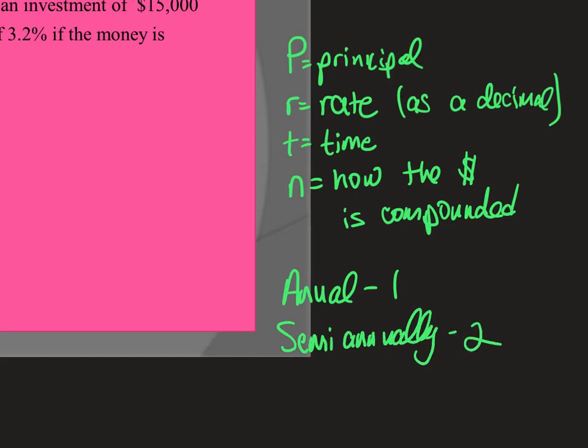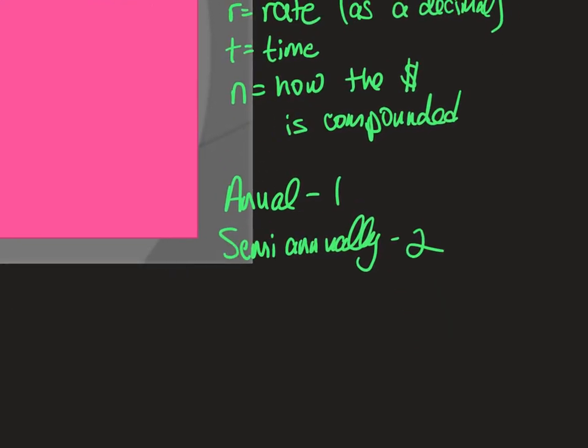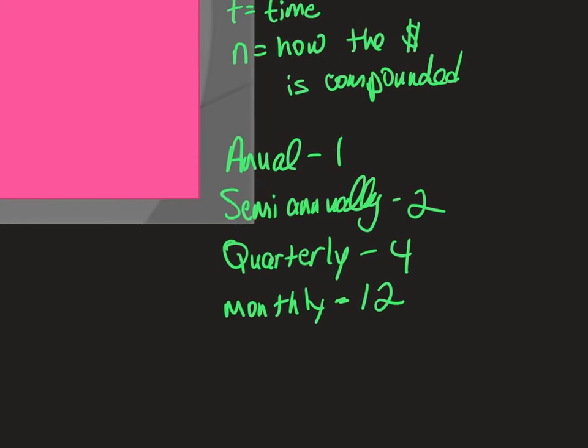What about quarterly? How many quarters are in a dollar? 4. How many quarters are in a basketball game? 4. So quarterly is 4. What about monthly? How many months are in a year? 12.